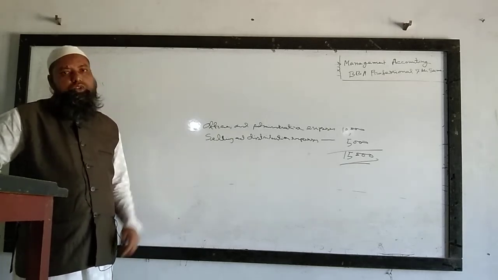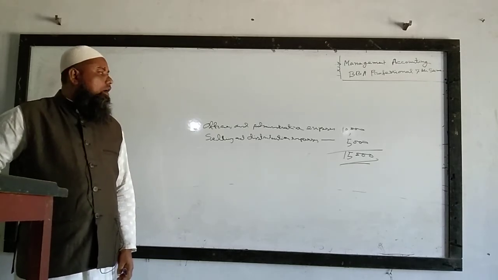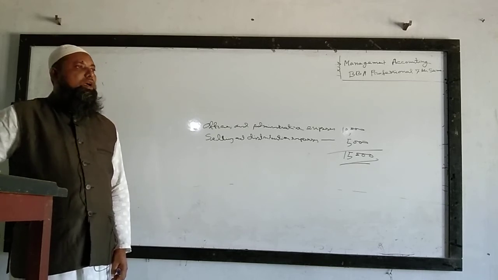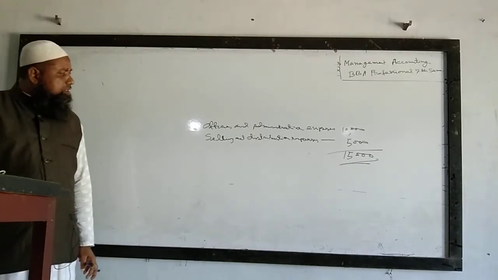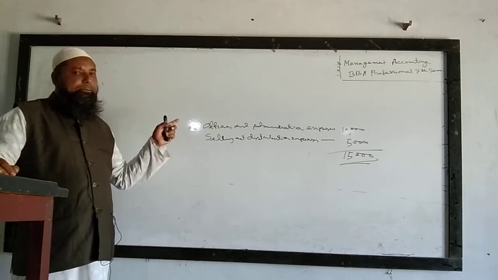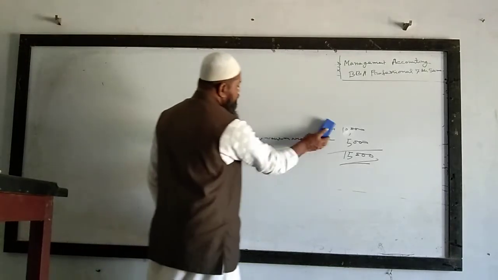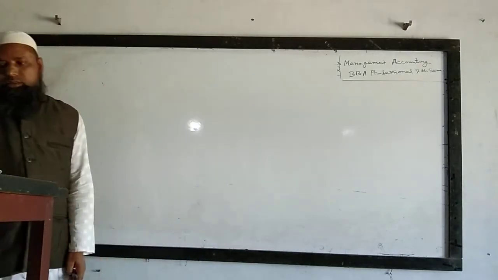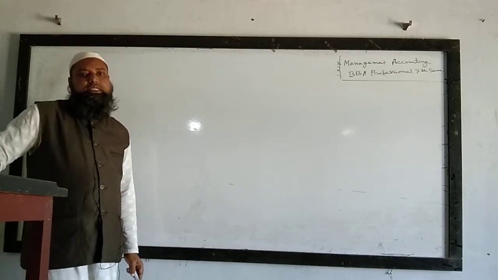That is the period cost. That period cost included in the preparation of income statement. Office and administrative expense and selling and distribution expenses, so both are included in the commercial expenses. So, we already understand that expenses, commercial expenses.